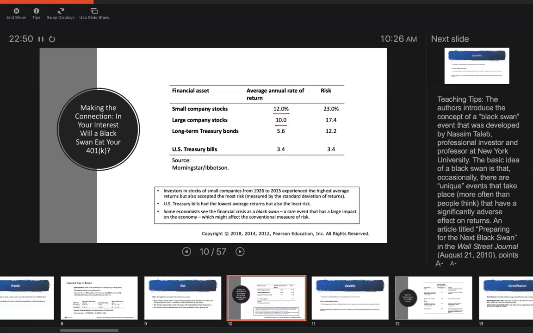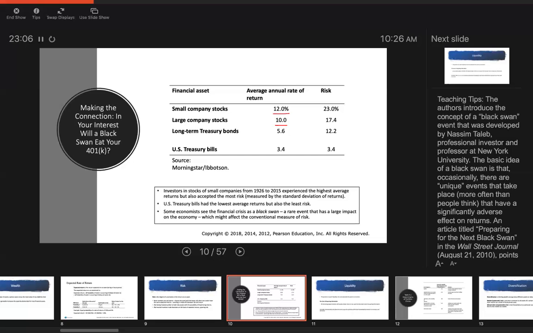Now you have a lean business which is running at peak. It's very difficult to improve on that business further, right? So you can see that large company stocks on average return less than small company stocks.